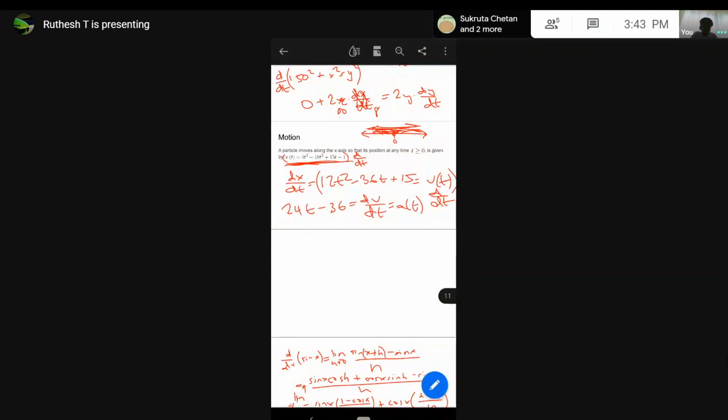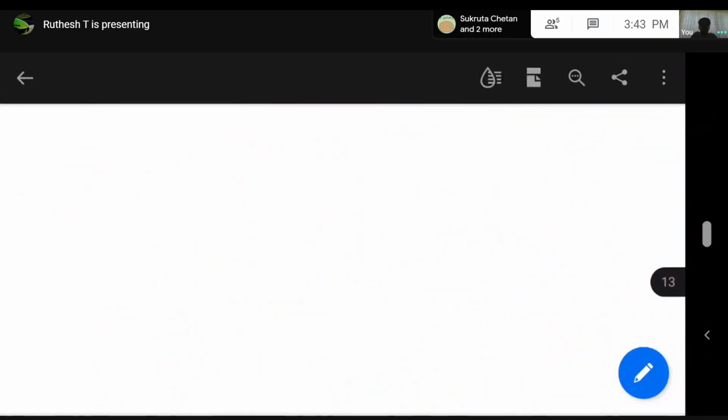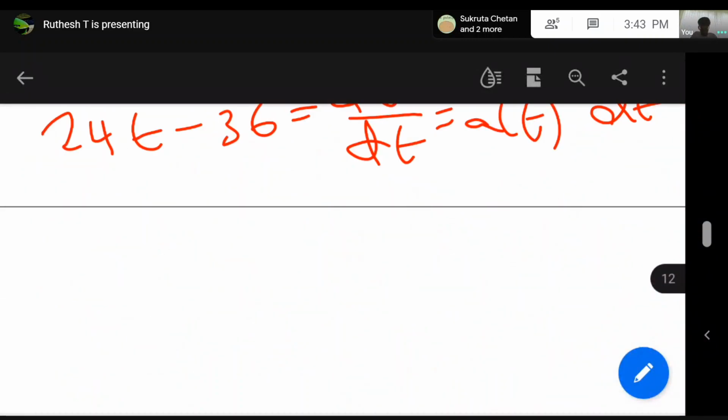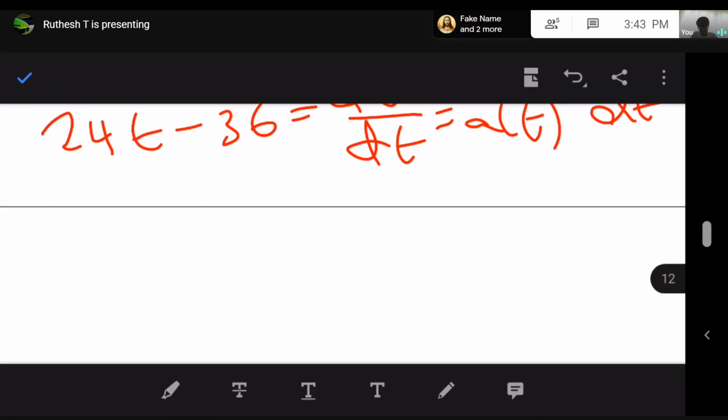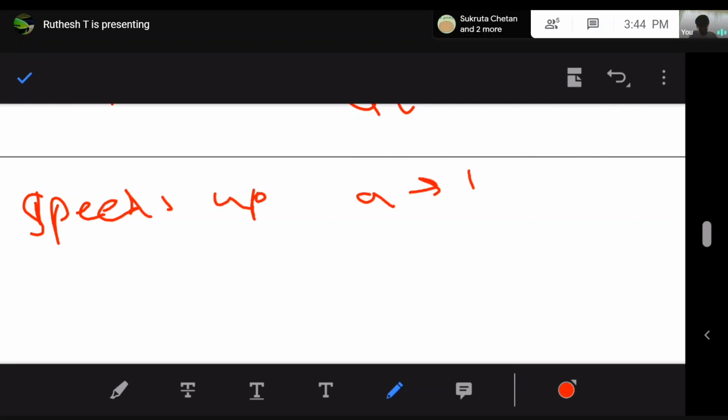Okay, so you can also see when the particle speeds up and slows down. When the particle speeds up, the acceleration is positive and the velocity is positive, or the acceleration is negative and the velocity is negative.